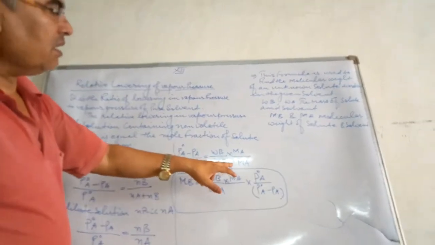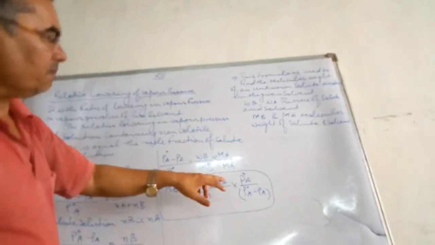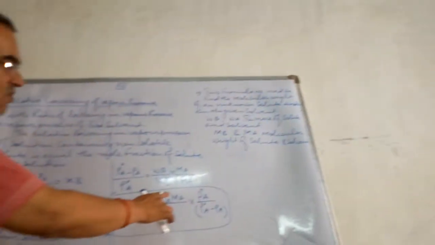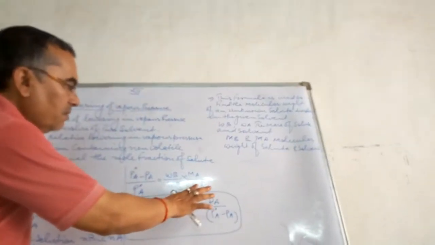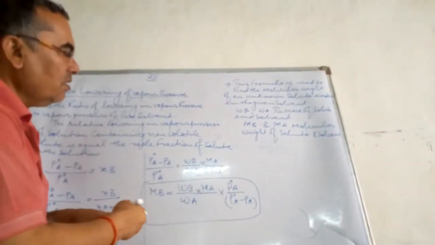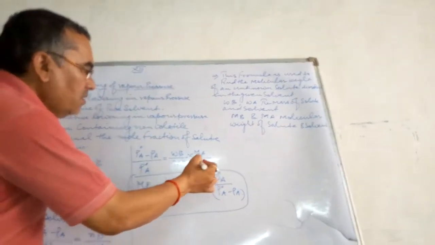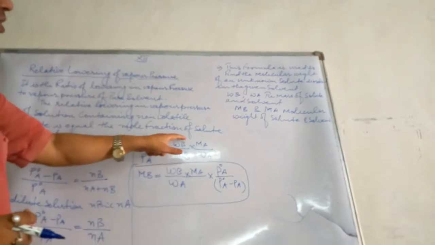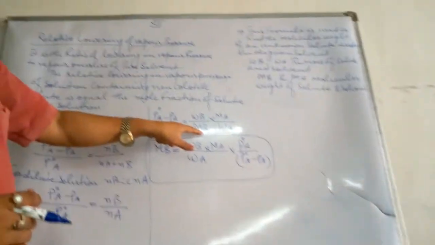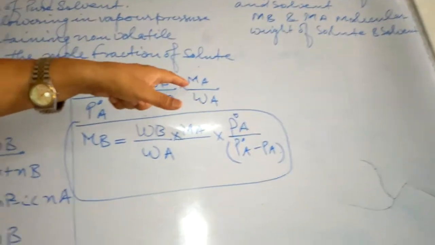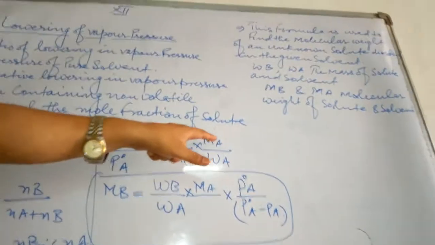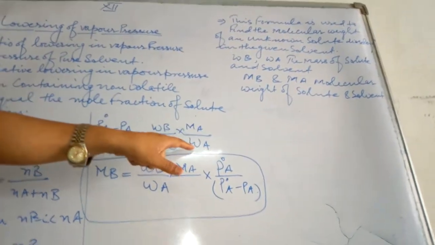this should be WA, we are writing here WA, the weight of solvent.